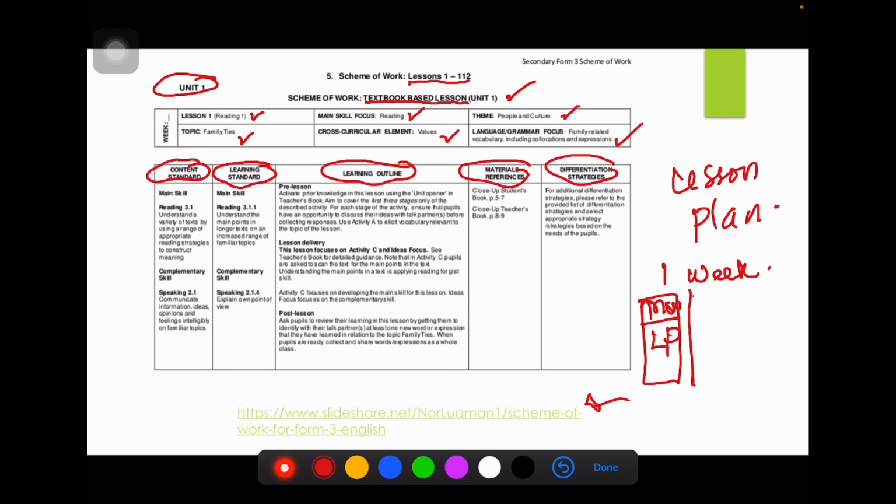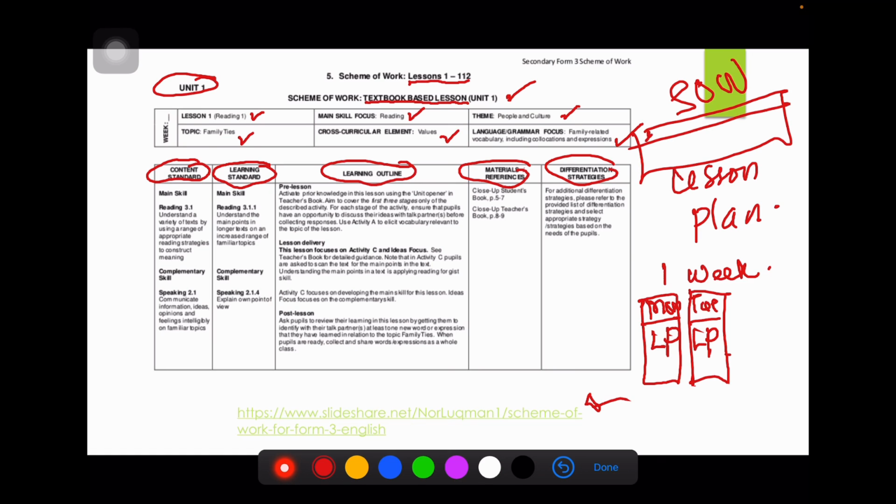And then for Tuesday, you plan a lesson plan. But for a weekly SOW, you will see Monday, week 1, like what we have here. Week 1, what is it that you want to cover, and so on.